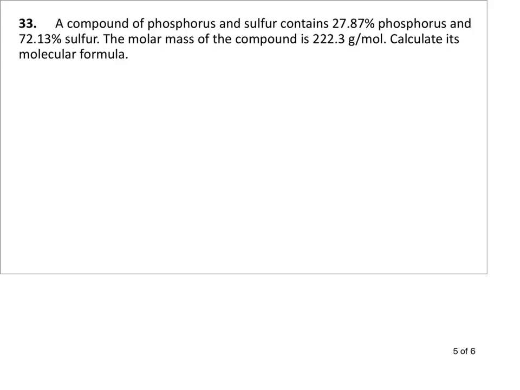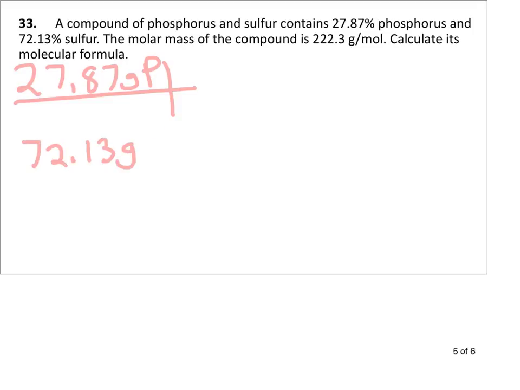So number 33, we have 27.87 grams of phosphorus will be changing. And just a couple elements this time, 72.13 grams of sulfur.